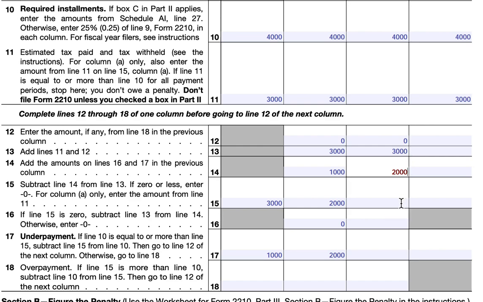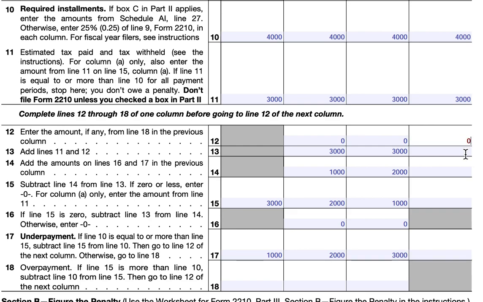So if line 15 is 0, you're going to subtract 13 from 14. If not, then you're going to enter 0. Your underpayment is now line 15, which is this. You're going to subtract this from line 10. So now your underpayment is $3,000. That's the amount that you'll carry up to here.